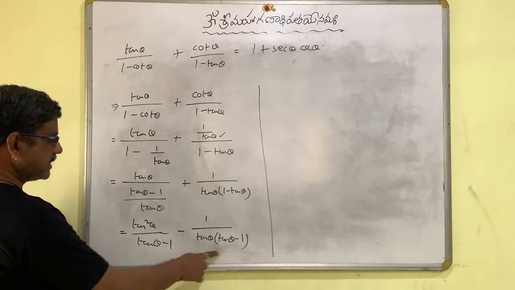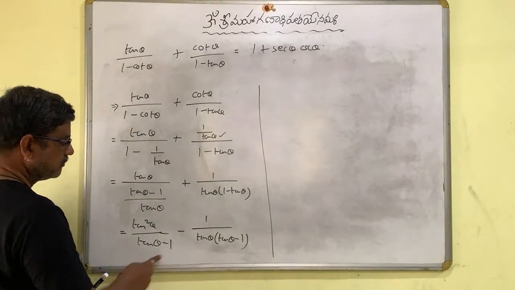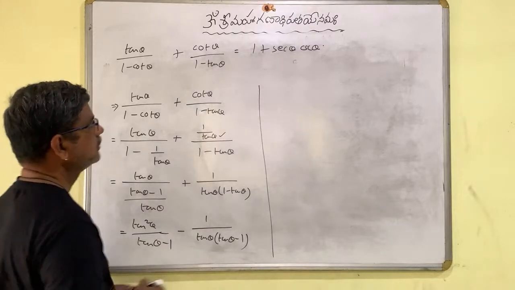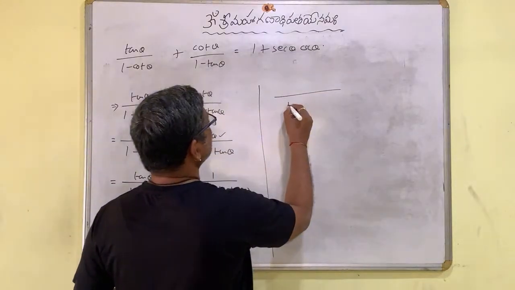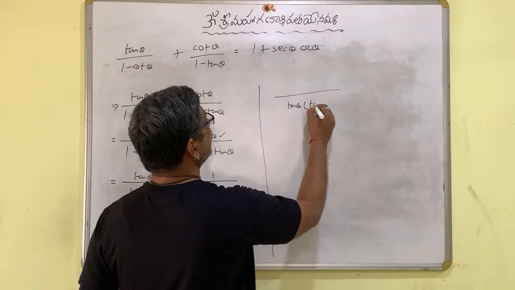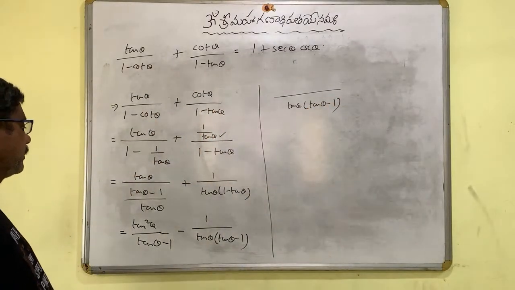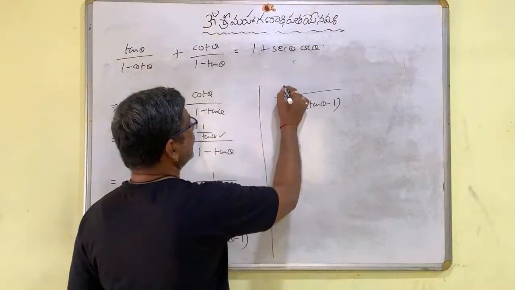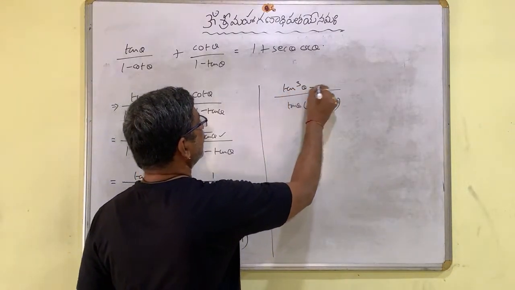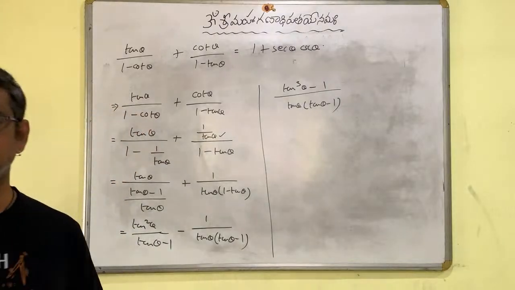Okay. Now we need to take LCM for these two fractions. So LCM is tan theta into tan theta minus 1, and in the numerator you will get tan cube theta minus 1.